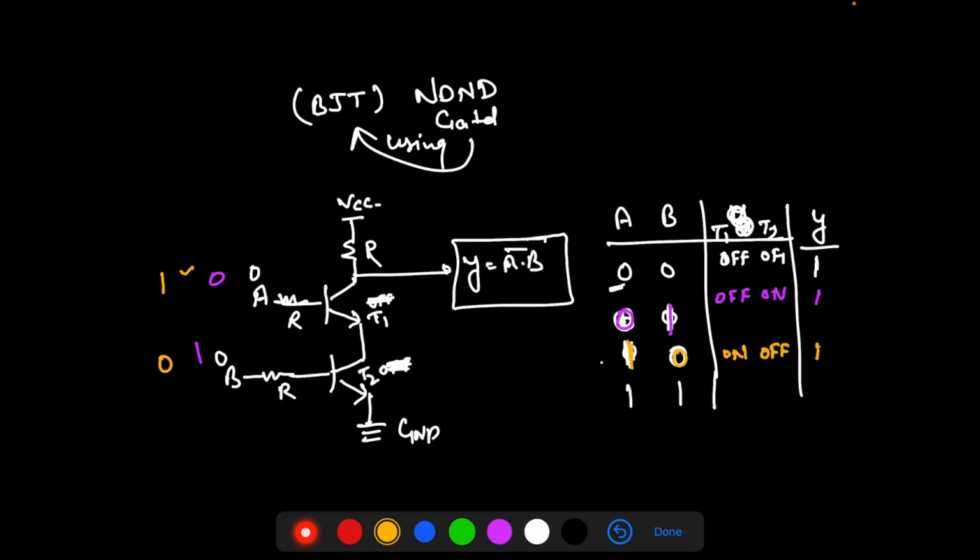In the last case, if both are 1, this is on and this is on, meaning current will flow like this, it goes to the ground, and this ground is reflected here, then our output will become 0. So if this is on and this is on, then our output will become 0. So this is the working of the NAND gate using the BJT circuit. Hope you got all of this.